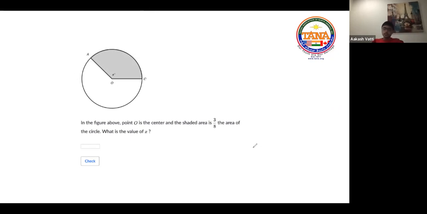All right, so you want to find out what the value of x is, given that the shaded area is 3/8 of the area of the circle, and x right here is the central angle. So you have your formula: central angle, I'm just going to call it CA, over 360 degrees, because that's the overall degrees in a circle, is equivalent to sector area over circle area.